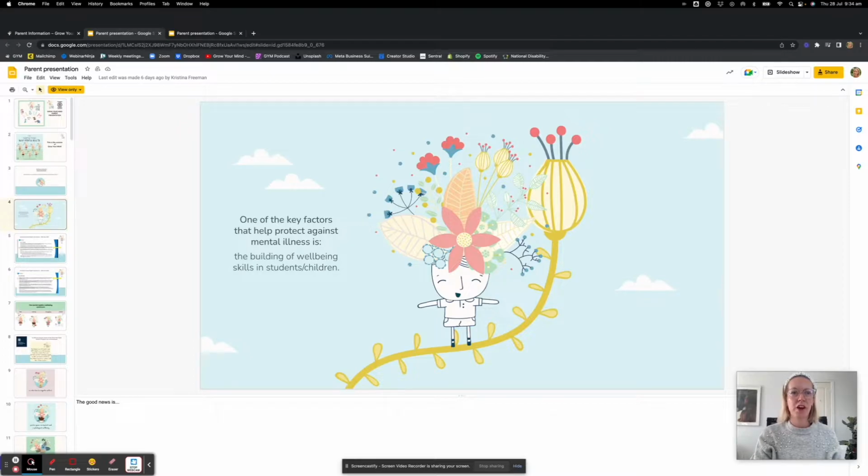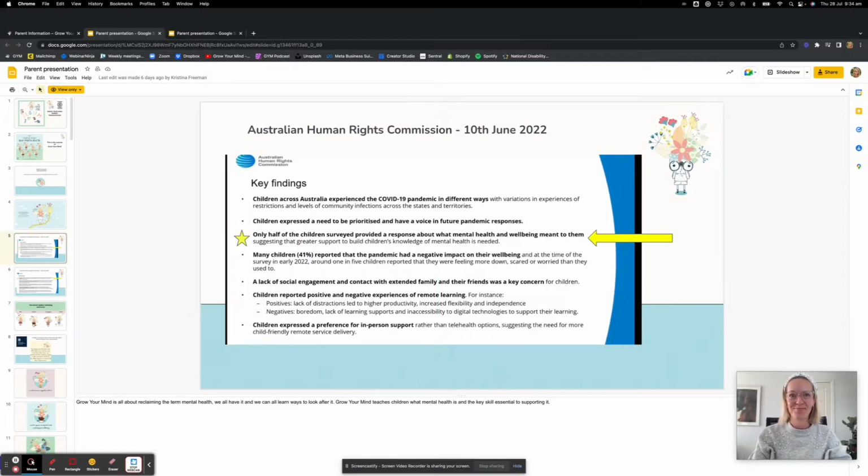If we can help protect our students against mental illness, the way to do that is building those skills, arming them with a toolbox of strategies to go forth and thrive in life. And life is going to be full of ups and downs, and we need that tool belt to be able to draw on during those times, and a range of strategies.